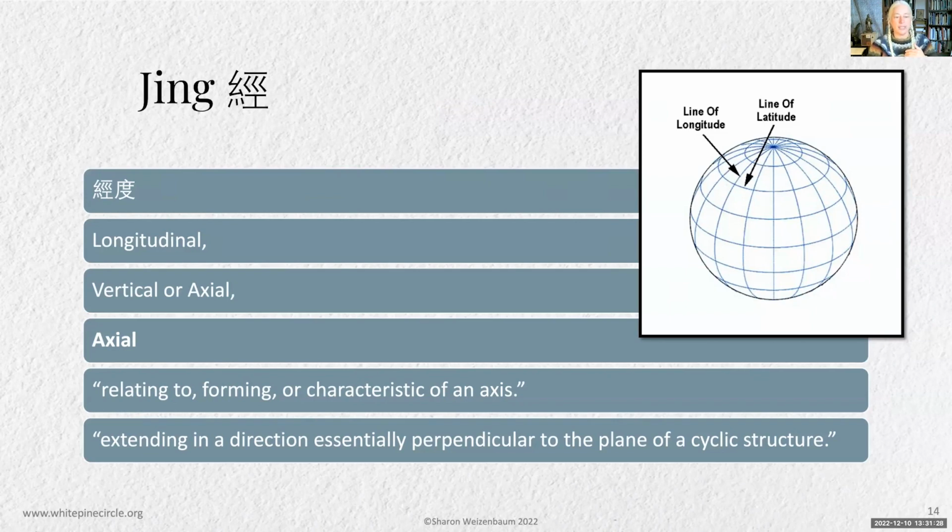So that's also like our bodies, and it's extending in a direction essentially perpendicular to the plane of a cyclic structure. So that's what we're saying the body is, a cyclic structure, and these Jing are perpendicular to the plane of the cyclic structure, and we also have the central axis that they are relative to.